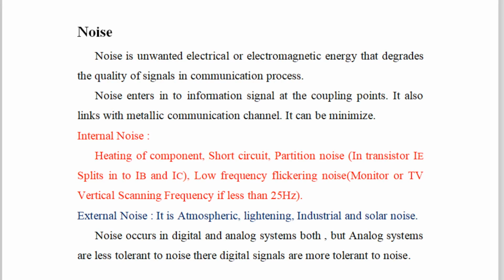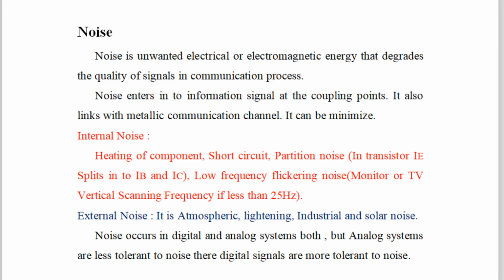Here I have introduced noise. Noise is always linked with the communication channel. Noise is unwanted electrical or electromagnetic energy that degrades the quality of a signal in the communication process. When noise is linked with the information signal, the quality of the information signal degrades.